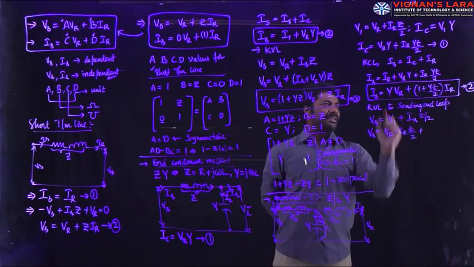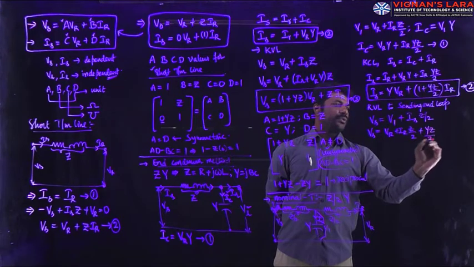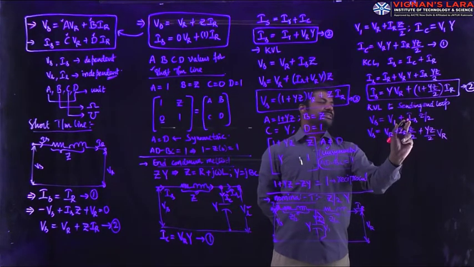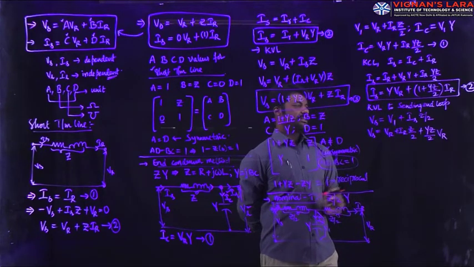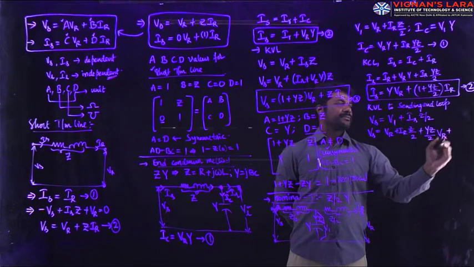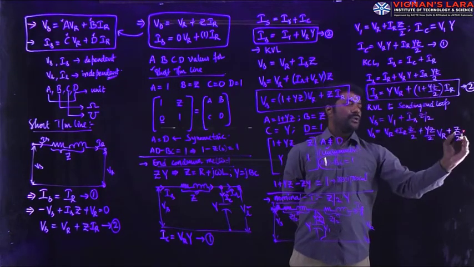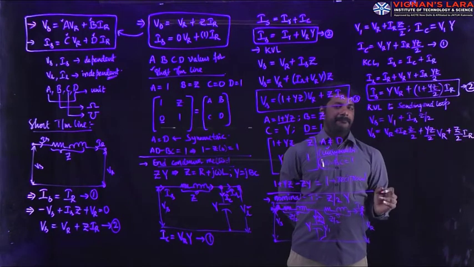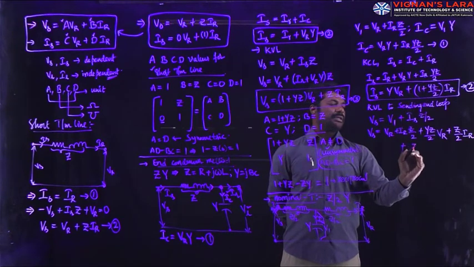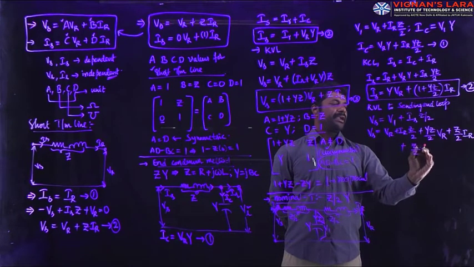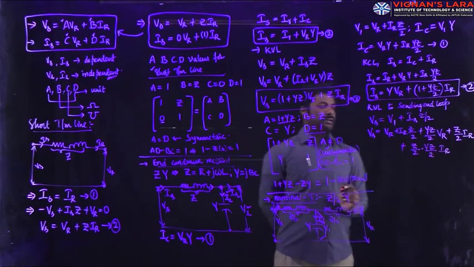Then I can write this as YZ by 2 into VR, because Is is to be multiplied with Z by 2. I am multiplying directly, if you verify it. Plus Z by 2 into IR, plus one more parameter, Z by 2 multiplied by YZ by 2 into IR.